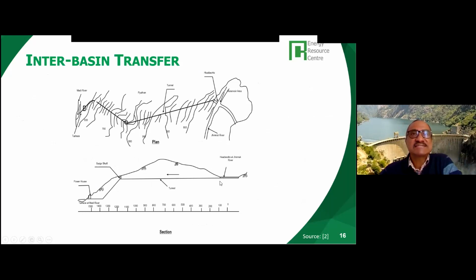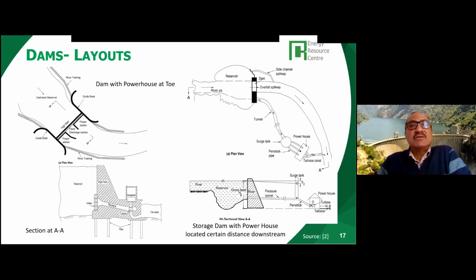Some projects transfer water from one basin to another, from one river to another river. This is very common in mountainous areas, so that you can utilize the head difference between one river and the other. This is one other type of layout condition. Then we have projects which have a dam that stores water, and these dams have different types of layouts.